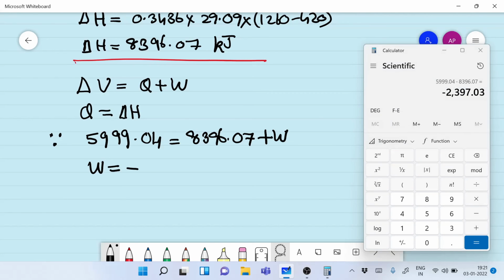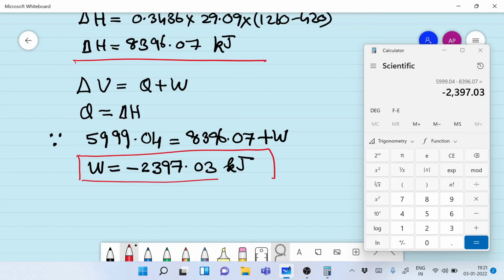This makes it minus 2397.03 kilojoules. Now this is the work done by the gas.